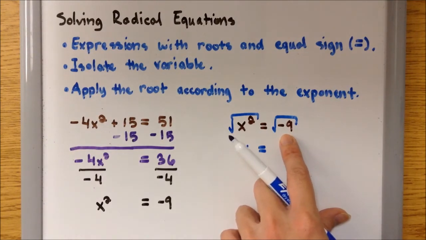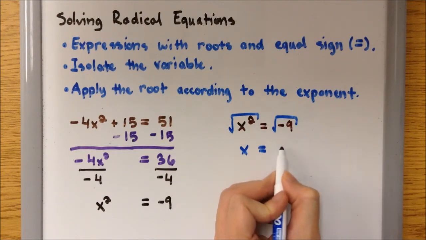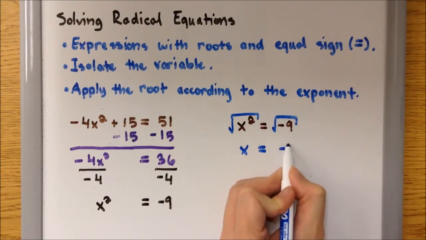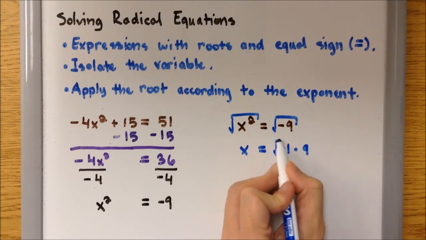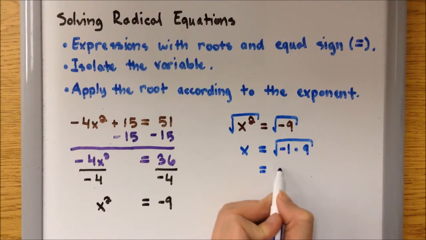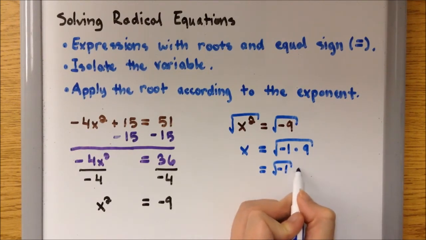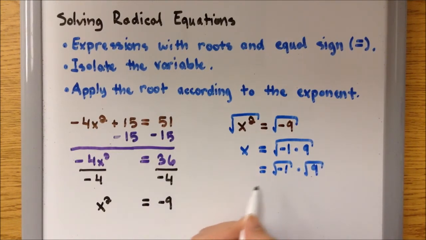So the process is I need to separate the negative. So I'm going to break it into two factors: negative 1 times 9 inside the square root. Then I separate it as two square roots. So now it's negative 1 inside a square root times a positive 9 inside another square root.